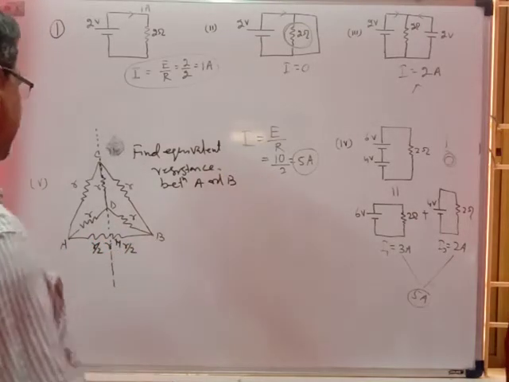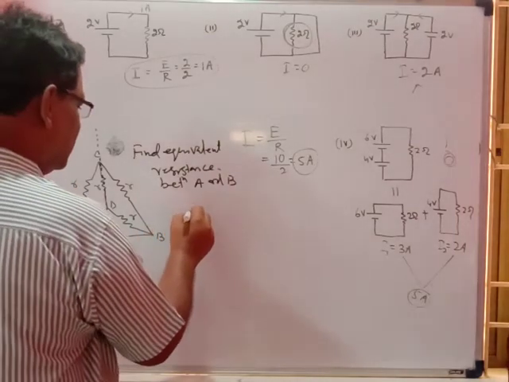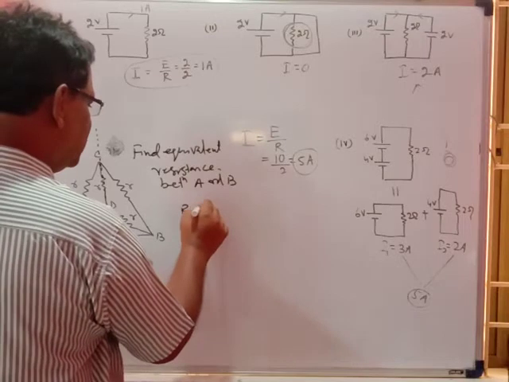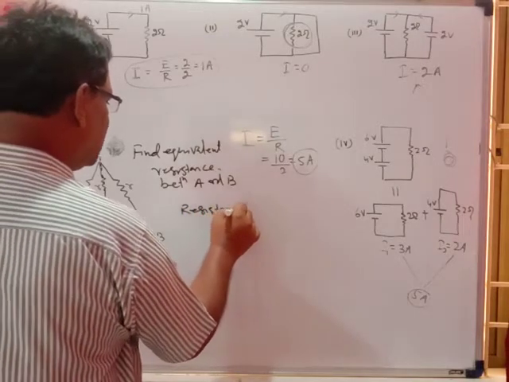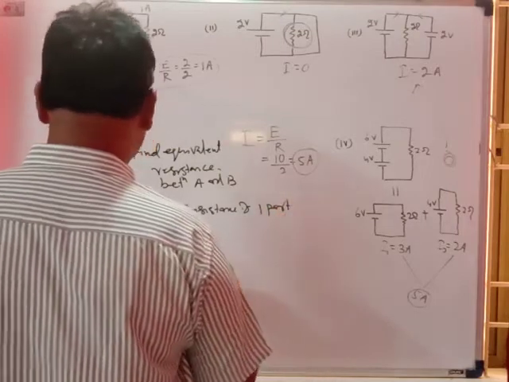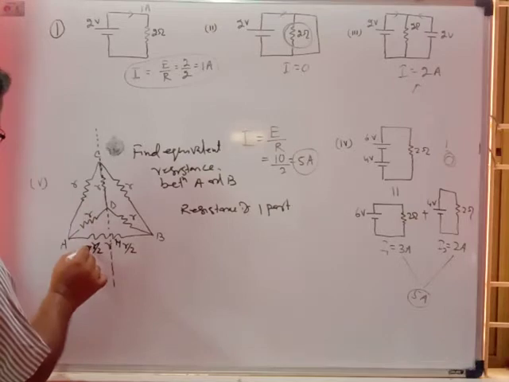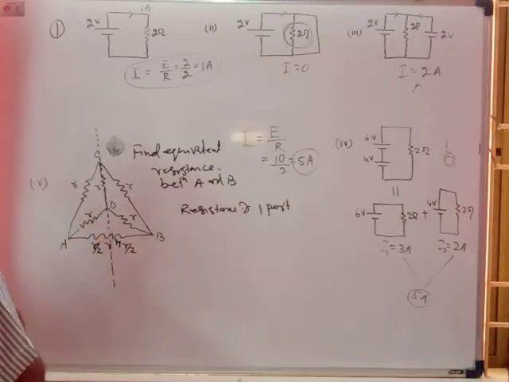So one part is symmetrical. What is the resistance of one part? What will be the resistance of one part? From this right part, this is R and R by 2, both connected in parallel.